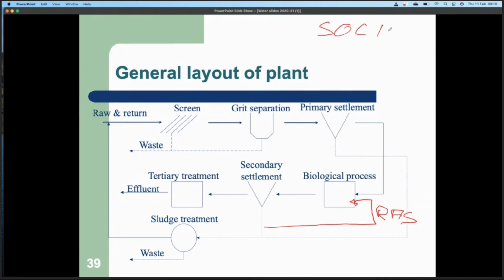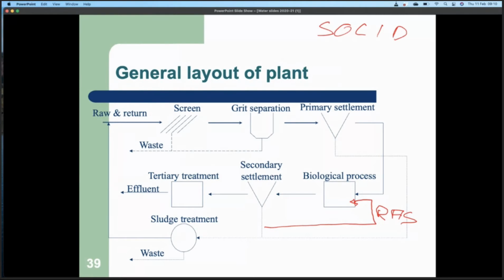The one thing is that they remove solids. Solid removal is one of the main process operations here: grit separation, primary settlement. Primary settlement in particular is where you remove the organic solids that we flush down the toilet, the kitchen sink, and so on and so forth.